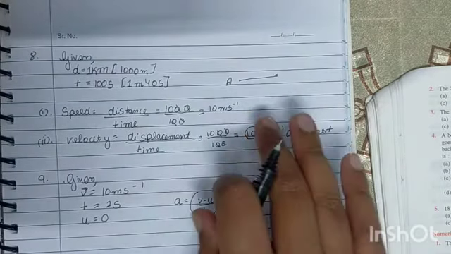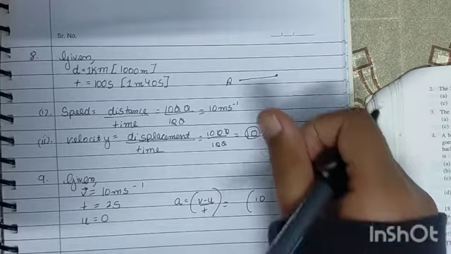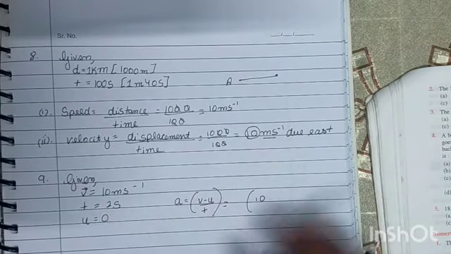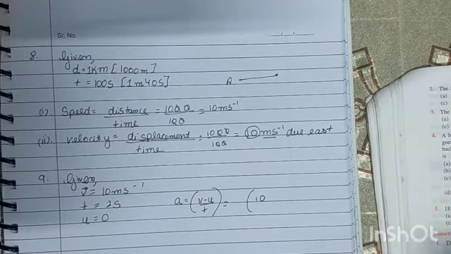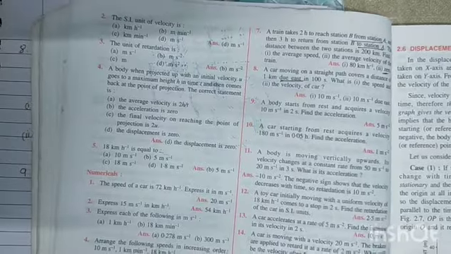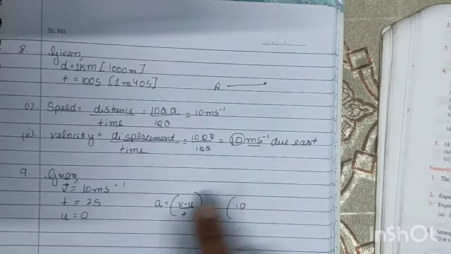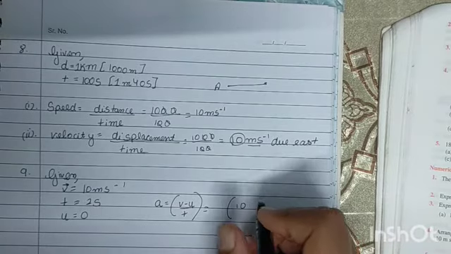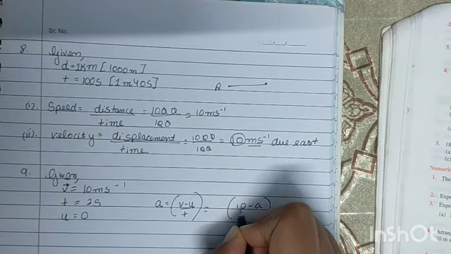We started at 0 and ended at 10 meter per second. So u is 0 over here because we are not given the initial velocity. If we were given the initial velocity, we would have written it and done the subtraction with the final velocity. So we will write 10 minus 0 upon 2.